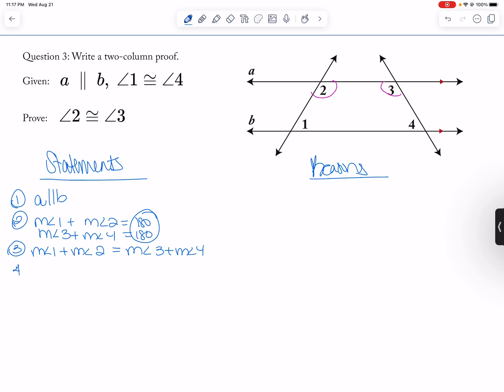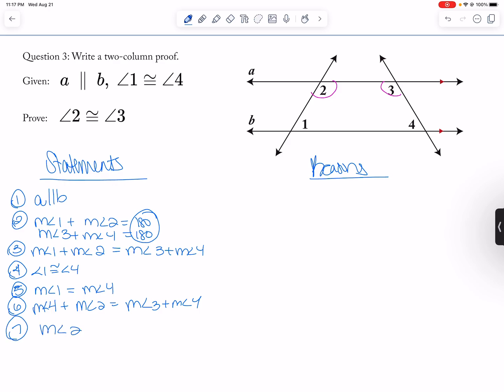And then after that, what I know is that angle 1 is congruent to angle 4, which means that the measure of angle 1 is equal to the measure of angle 4, which then means that the measure of angle 4 plus the measure of angle 2 is equal to the measure of angle 3 plus the measure of angle 4. And then 7 would be the measure of angle 2 is equal to the measure of angle 3. And then 8 is, oops, not an M, angle 2 is congruent to angle 3.